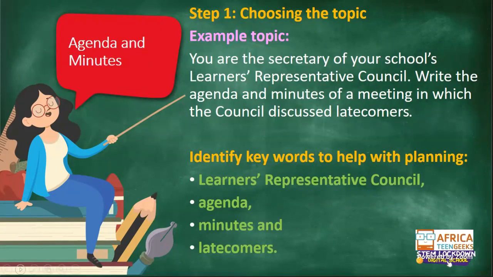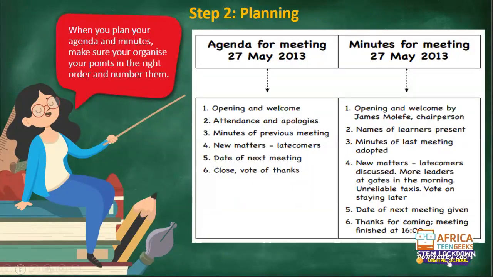Then step 2, you start planning. When you plan, you must make sure that you organize your points in the right order and number them. Remember our agenda example I showed you earlier, and I'll show you again. It's a very short format, and when you plan for that, I would advise you to adapt to the same format.